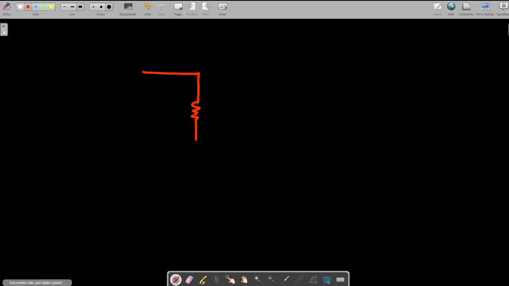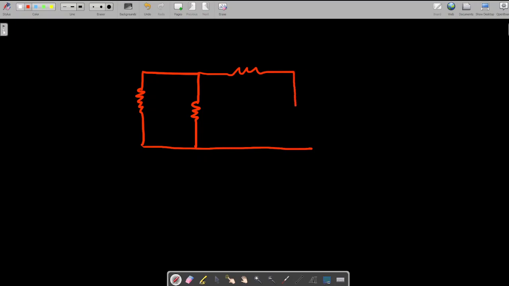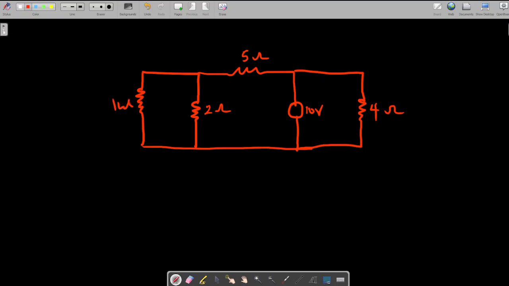All right, so I have this, and I have this. Okay, so this is another one, and here I have a voltage of 10 volts, and here I have a 4 ohms resistor, and this is a 5 ohms resistor, and this is a 2 ohms resistor, and this is a 1 ohm resistor.